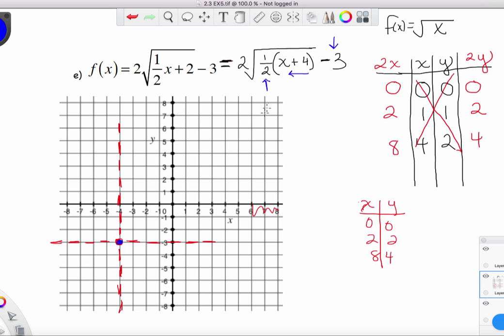It's going to be double whatever that is. So instead of going over to the right 1, I'm going to go over 2. And then my Y movement is normally up 1, but I'm also going to double that amount right here. So instead of over 1, I'm over 2. And instead of up 1, I'm up 2. Both of those are going to get doubled.